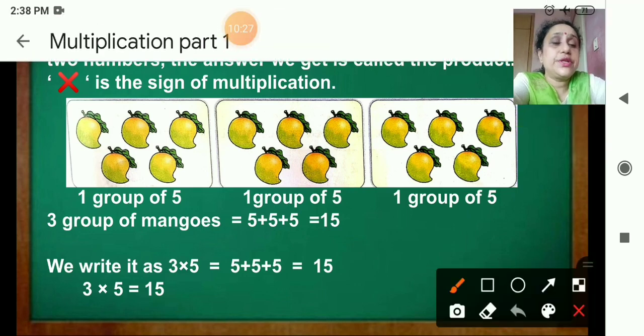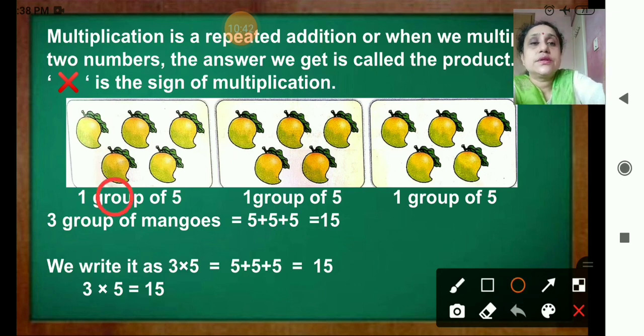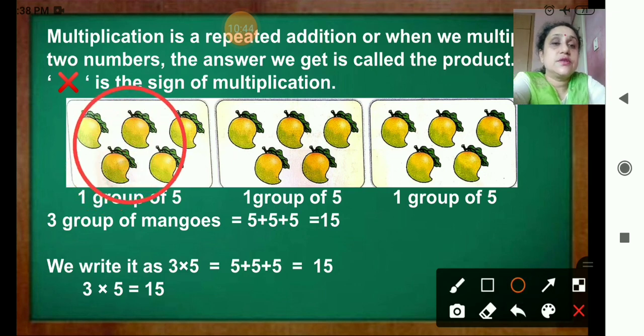Now, what picture can you see here, children? Mangoes are there. Separately, mangoes are there. Can you count how many mangoes are there in each box? Yes, count. See, this is the first group. There are 5 mangoes.